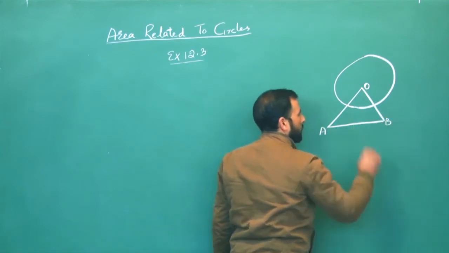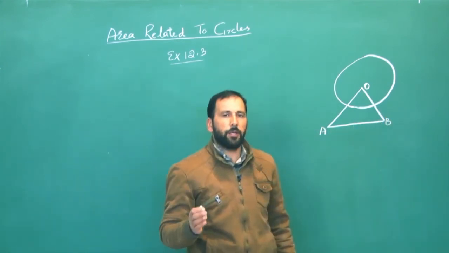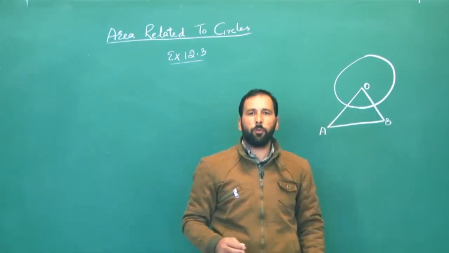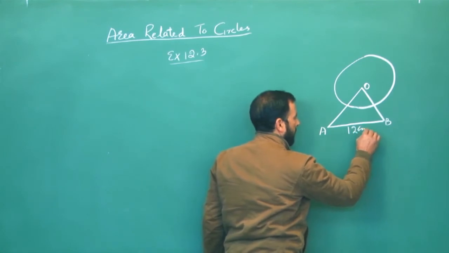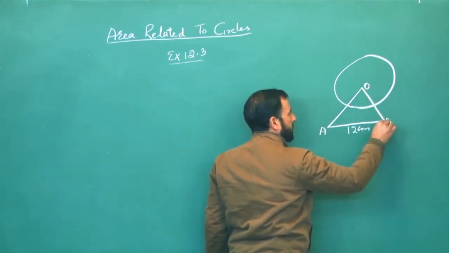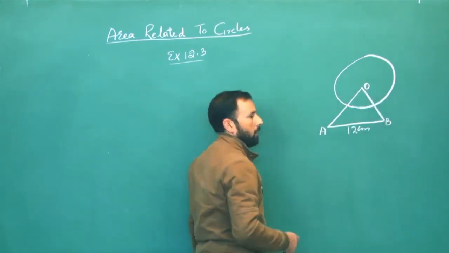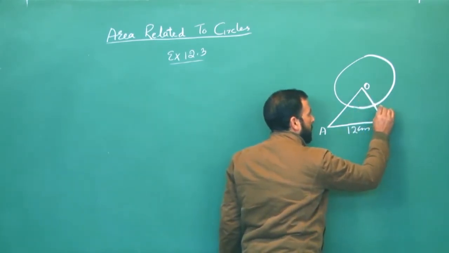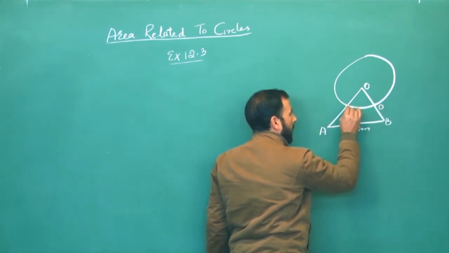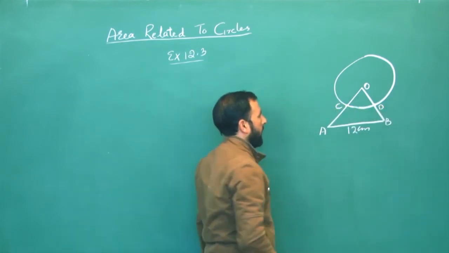It is given in the question that the side of the equilateral triangle OAB is equal to 12 centimeter. This is 12 centimeter, this one is also OB 12 centimeter and OA is 12 centimeter. Now, this one is point C and this one is point D here.